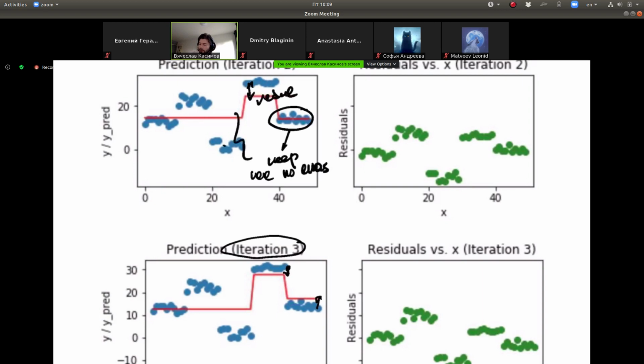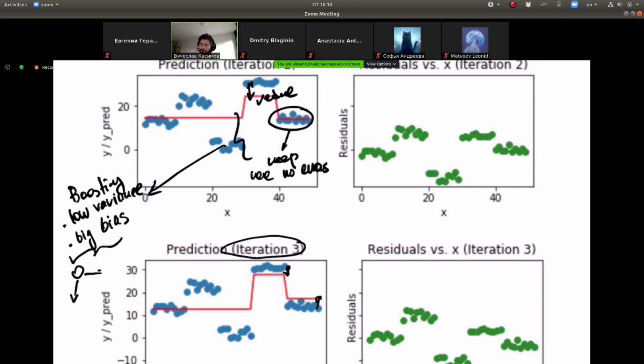This is because, as we talked about, for boosting we use basic algorithms which have low variance, in some sense big bias. For example, a decision tree with depth 1.